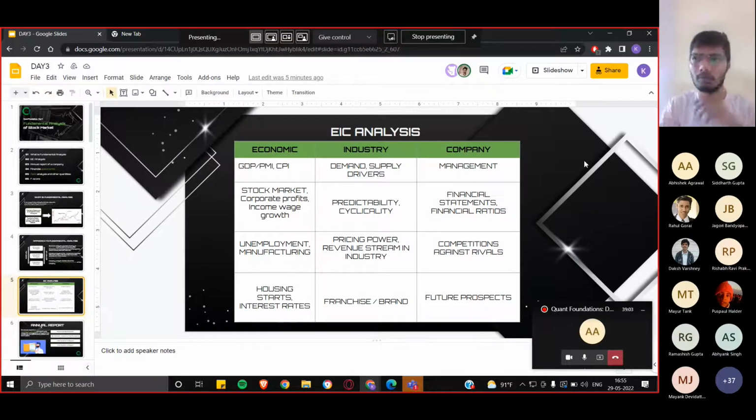To take a current example, they were decreasing the repo rates. What repo rate is basically: there is some corporate bank, and above that there is the RBI. In the US they call it the Federal Reserve. So RBI is basically the bank of the banks.